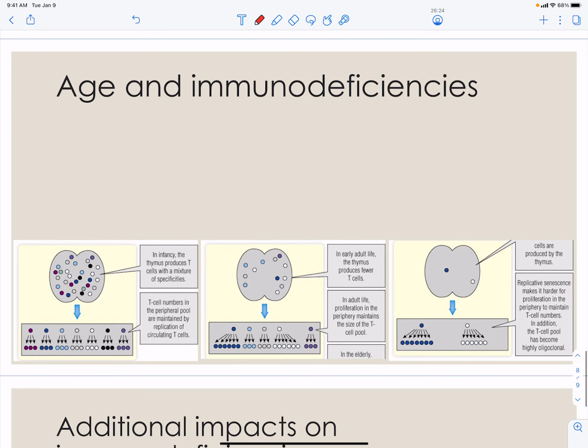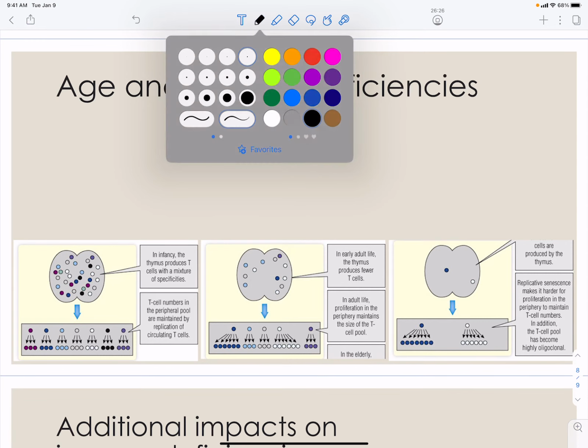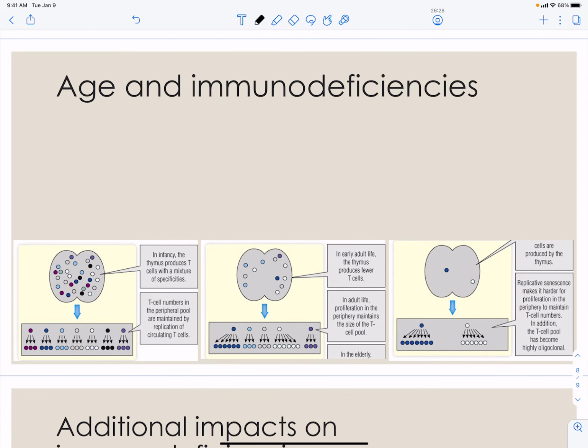Now let's talk a little bit about other factors that can influence immunodeficiency. One of the things is age. So you have infants, and they're basically immature. Everything is a primary response.